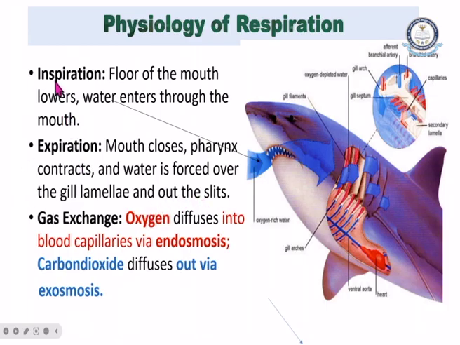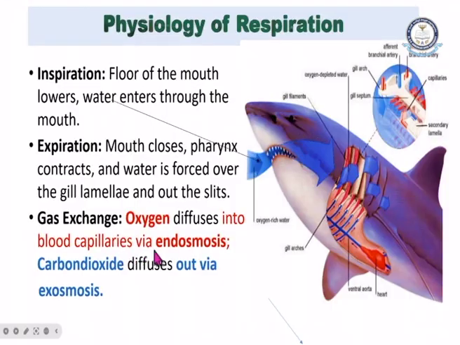So as a part of inspiration water is taken into the mouth, and as a part of expiration water is let outside. As a part of gaseous exchange, oxygen diffuses into the blood capillaries via endosmosis and carbon dioxide diffuses out through exosmosis.